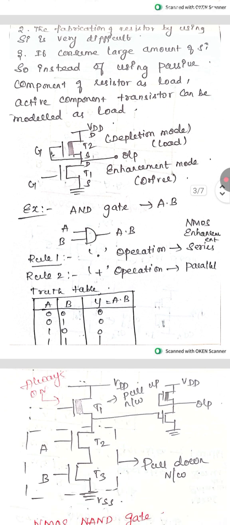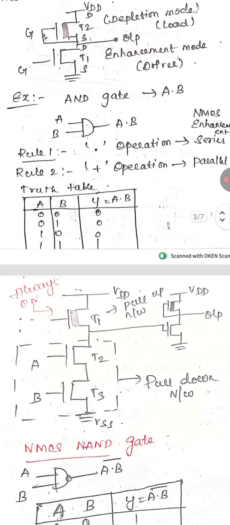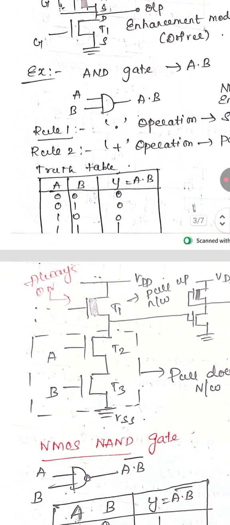So here you see the AND gate using NMOS logic implementation. In this logic, consider the first part, T1, T2, T3 implementation. This AND gate is implemented using NMOS with the help of an inverter base.